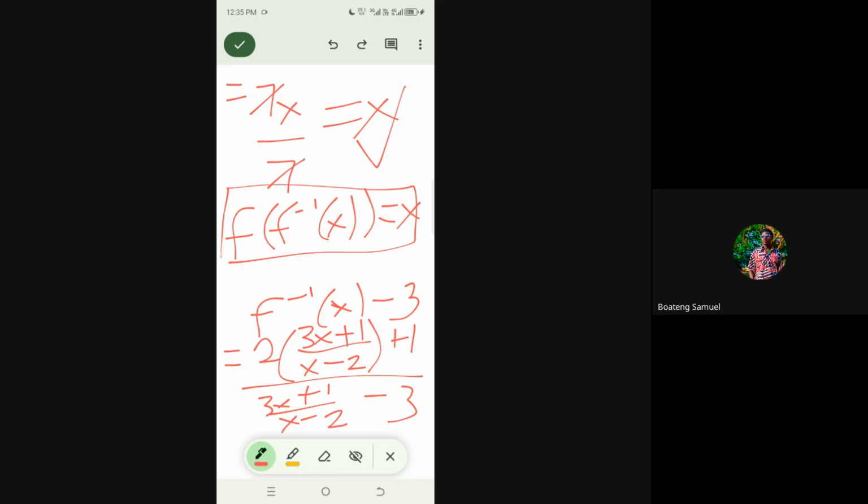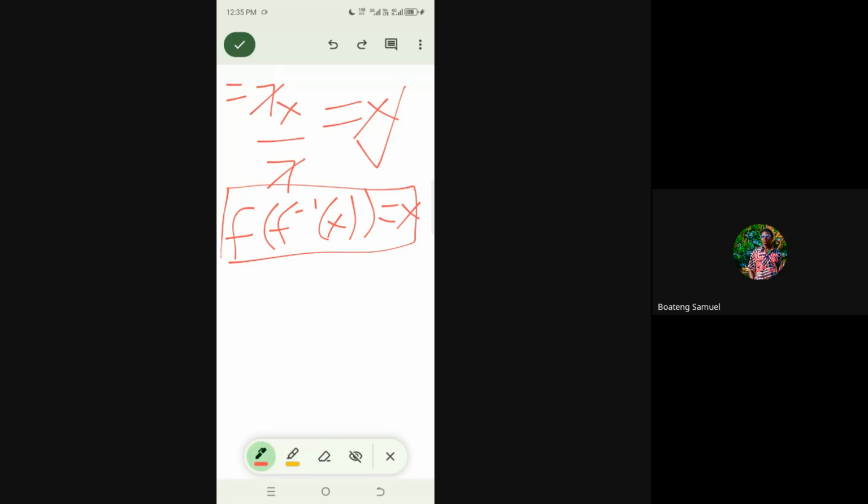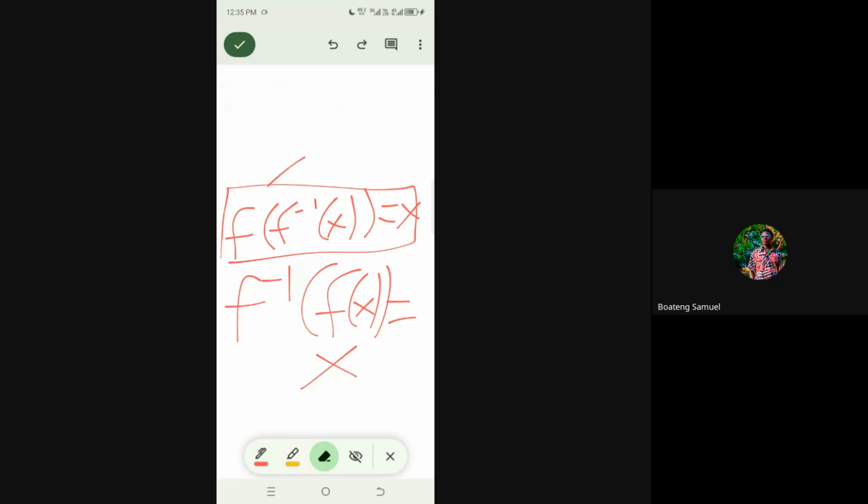You should do the other way too: f inverse of f of x. That one should also give you x.